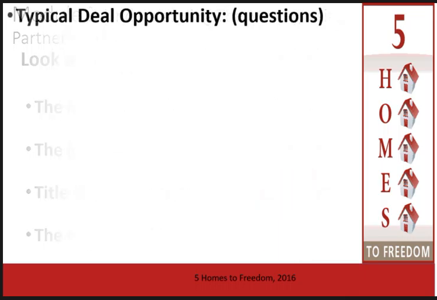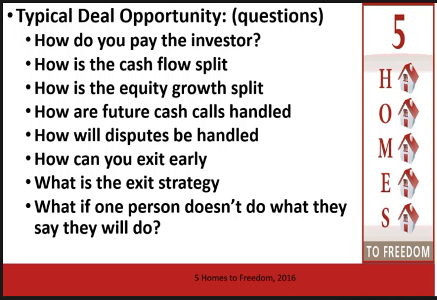So here are a pile of questions, and this is just the tip of the iceberg, but these are probably the most common questions that you're going to see or experience. So in a deal like this, how do you actually pay the investor? How do you split the cash flow? How is the equity growth going to be split and handled? What about future cash calls when they happen?